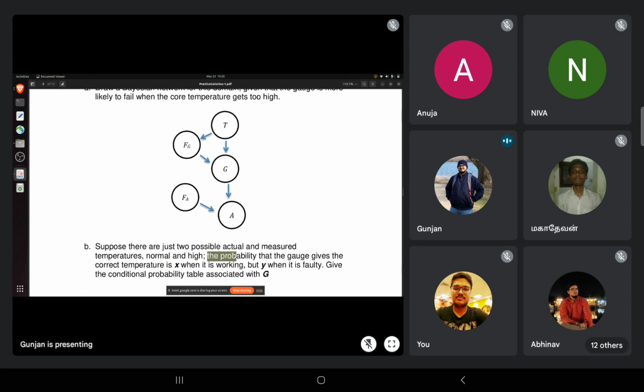Fg essentially takes two values, faulty and not faulty, and X when it is working and Y when it is not working.